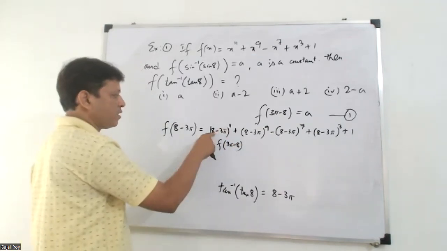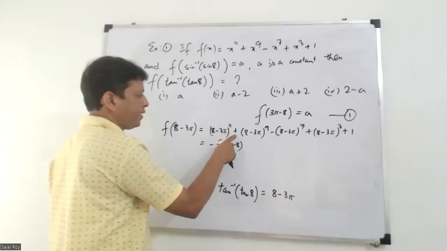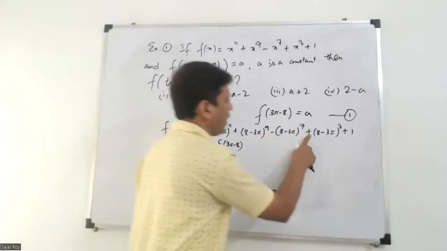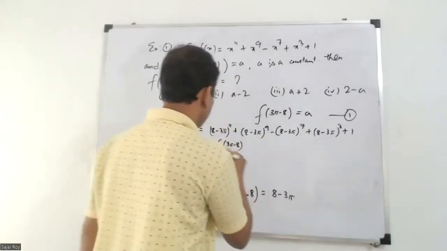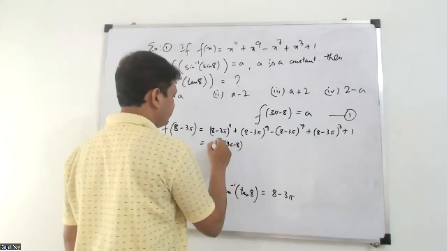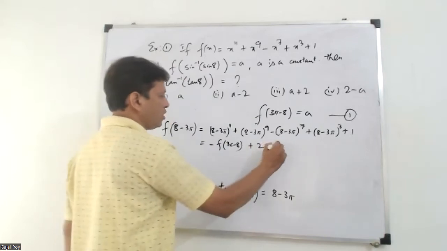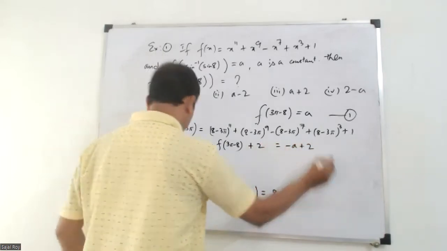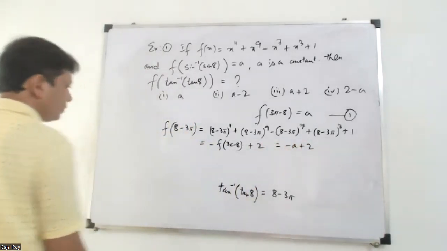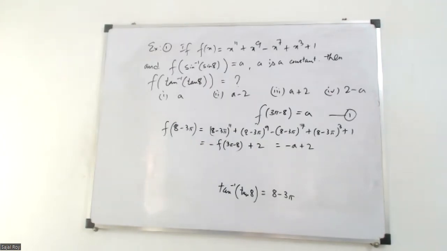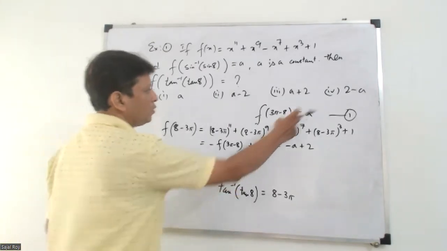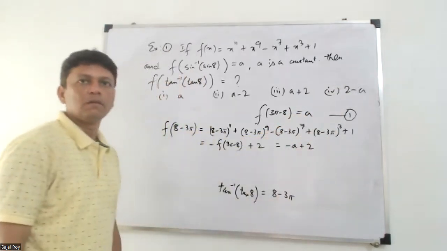If you take the minus, plus minus, so this will be, and I think 1 plus 2 is required. You see, so your minus a plus 2. Check. So your answer will be 2 minus a, the fourth one.